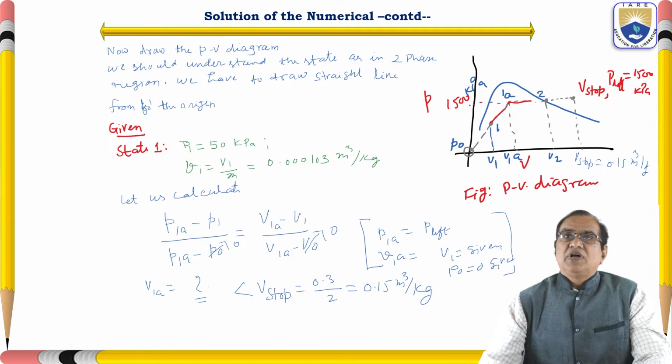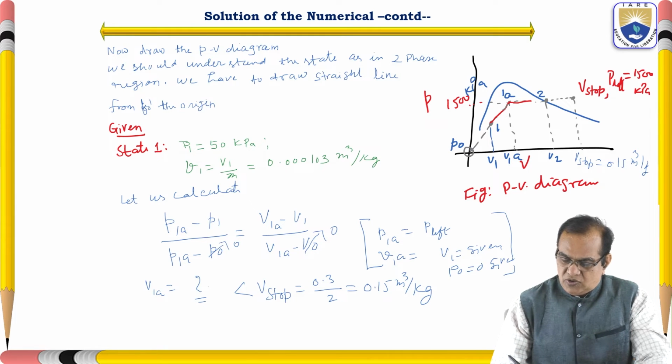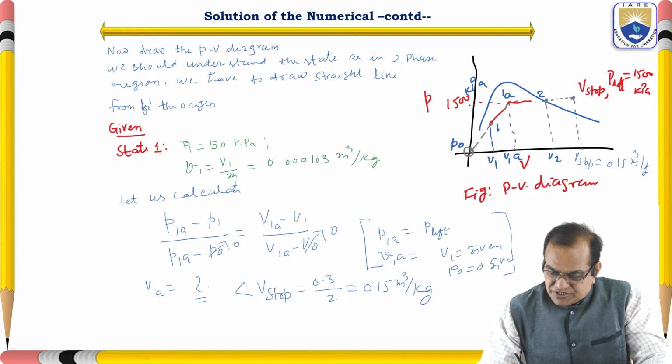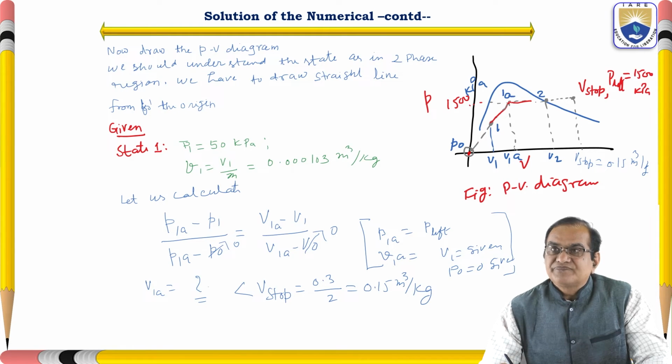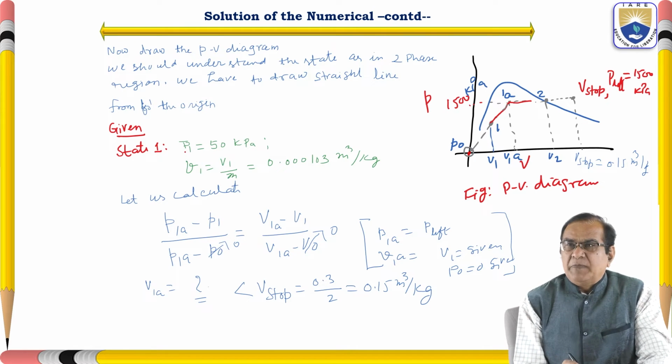Now draw the PV diagram. We should understand the state is in a two-phase system. We have to draw a straight line from the origin. So here volume is 0, and we draw the straight line like this. What is given?